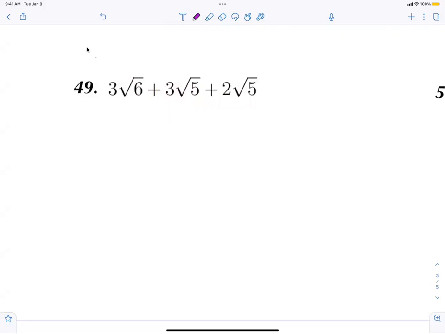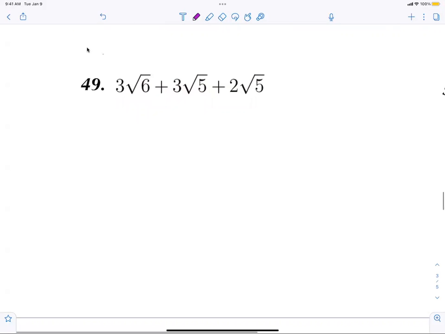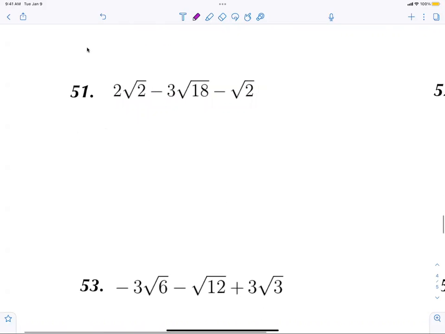Yeah, let's do 49. 3 radical 6 plus 5 radical 5. Right? 3 plus 2 today is 5. Be careful, you're adding, not multiplying. All right, come on, guys. Not bad. Here we go, next.